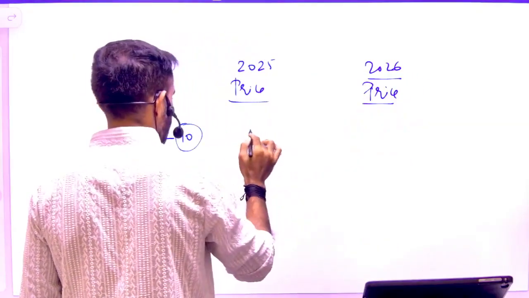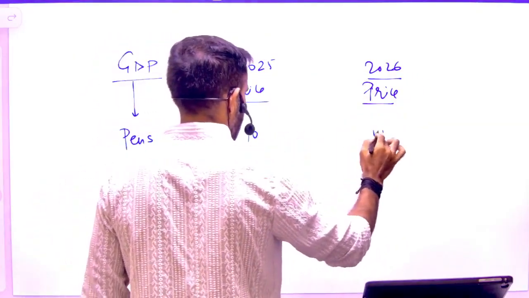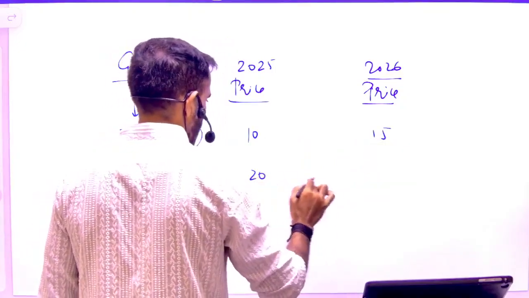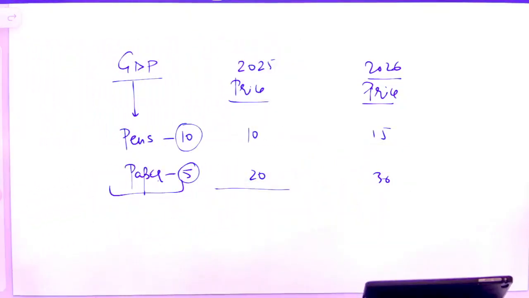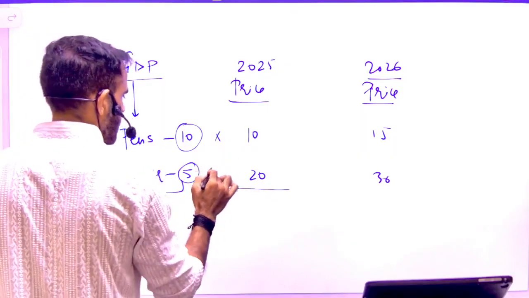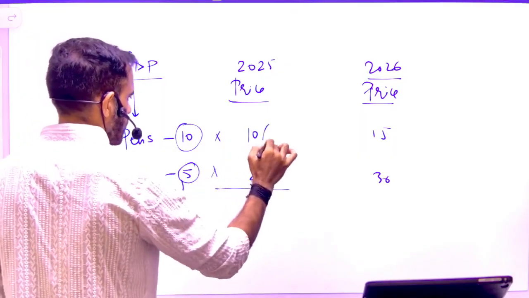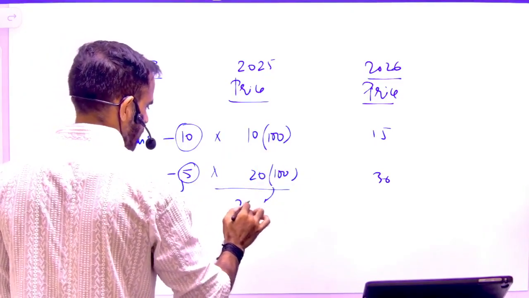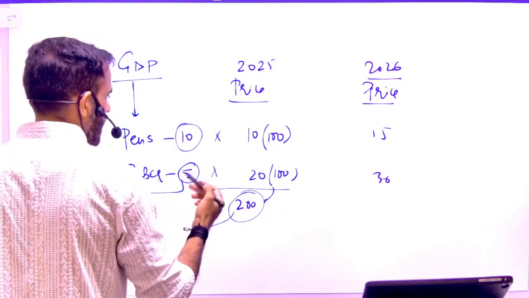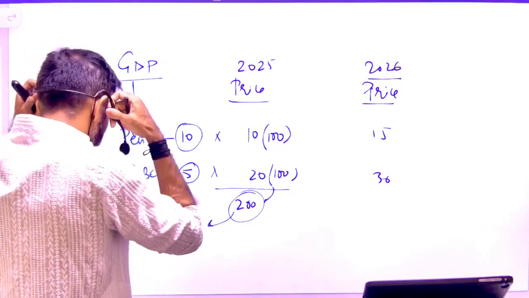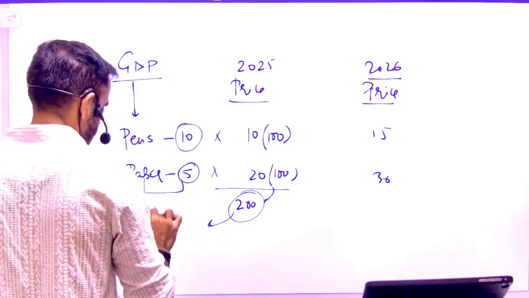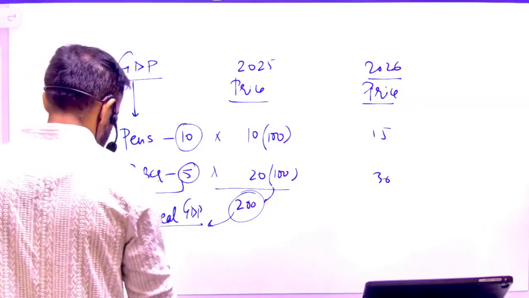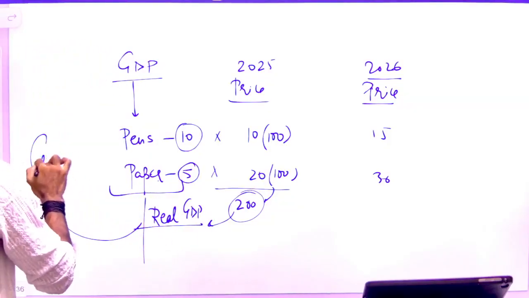Let's say it is 10 and 15 in 2025, and 20 and 30 in 2026. So how much will be the size of GDP in 2025? Keep it simple, 10 into 10 plus 20 into 10, so it is going to be 100 and 100. So the size of GDP is going to be 200. This GDP is our base GDP or reference GDP. This is referred to as real GDP or GDP at constant price level.